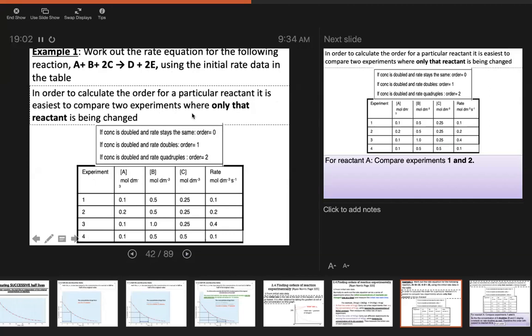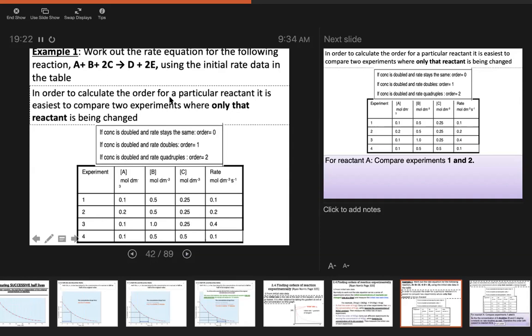I'll talk about this in a moment. So just remember, if doubling concentration, rate stays the same, that's 0 order. If doubling concentration, rate doubles, that's first order. If doubling the concentration, rate quadruples, that's second order.